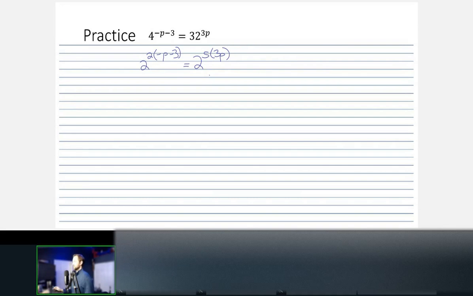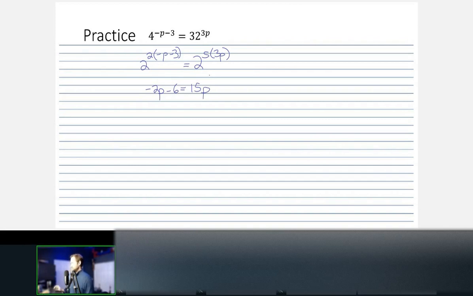All right, -6/17. Anybody else agree with that? I actually have no idea what the answer is. I don't have any of these worked out. So bases are the same. Let's quickly do it. Negative 2p minus 6 equals 15p.